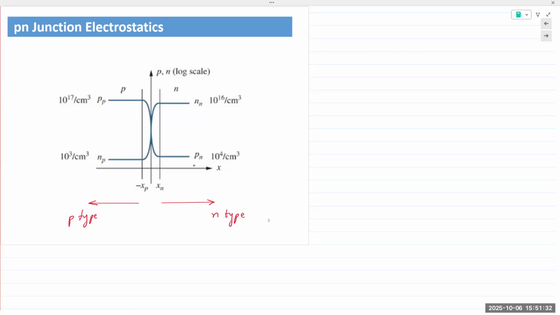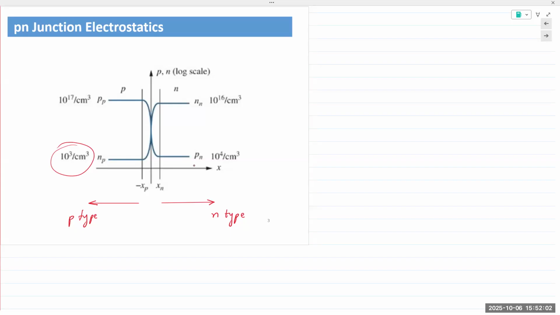The doping on the n side is 10^16 atoms per centimeter cubed. On the p-type it is 10^17 atoms per centimeter cubed. And then obviously, as it crosses the boundary, in the n-type, the number of holes is drastically less, so it's only 10^4, whereas on the p side, the number of electrons is only 10^3.